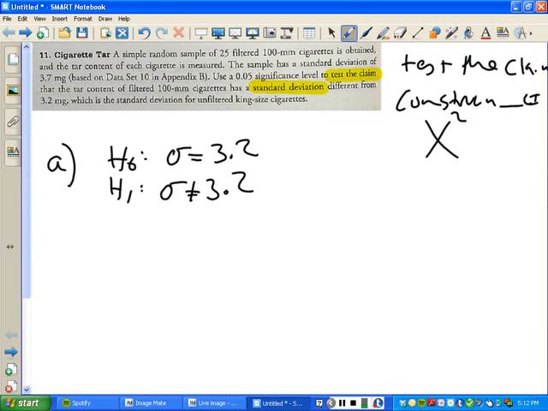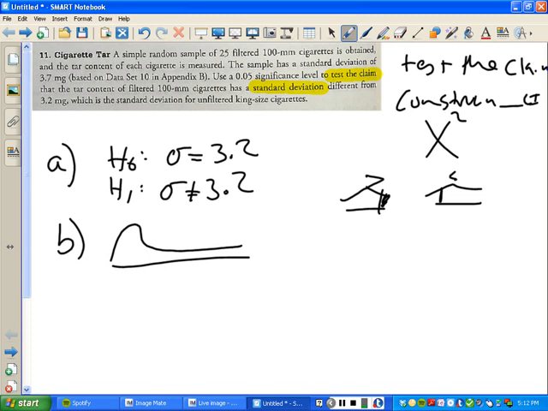It's going to be a two-tailed test, yes. Not equal to. In order for it to be a right-tailed test, it's got to be greater than. That would make it be on this side. In order for it to be a left-tailed test, it's got to be less than, so I'd have to put it on this side. In order for it to be both, you got to say not equal to, which means it could be greater than, it could be less than.